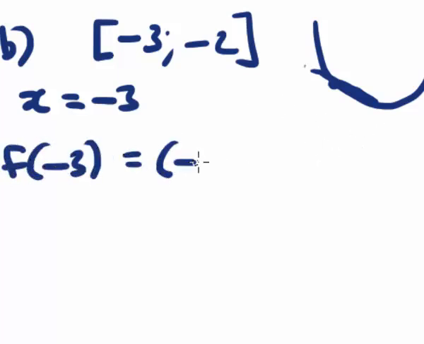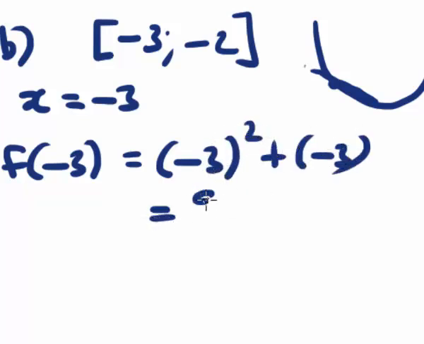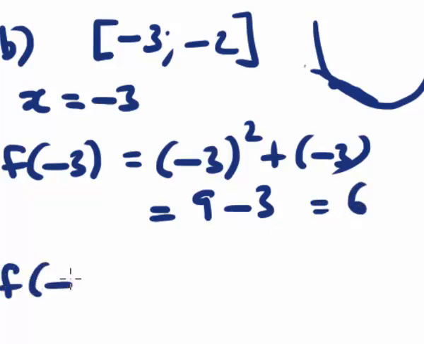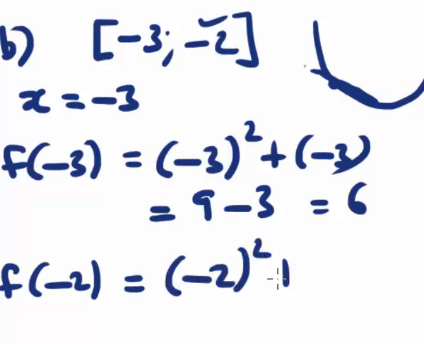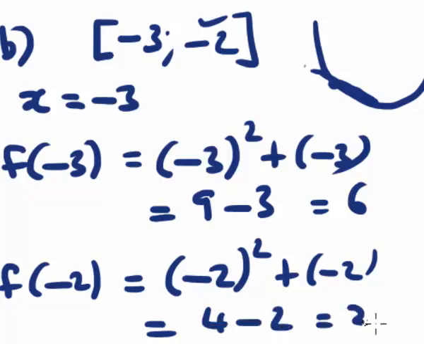What is that? That's going to be (-3) squared plus -3, which is 9 minus 3, which is 6. And what is f(-2)? It's (-2) squared plus -2, which is 4 minus 2, which is 2.